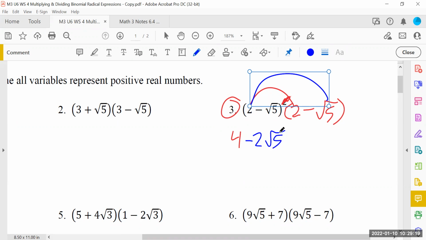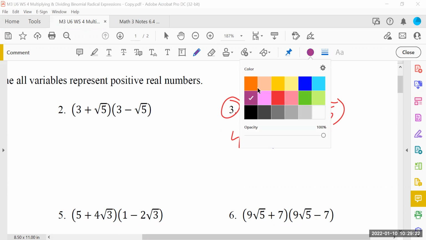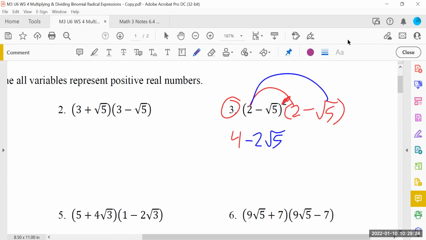Let's get another one. Nick, what would I multiply next? Okay, what does that give me? Perfect. And we've got one more. Emily B.